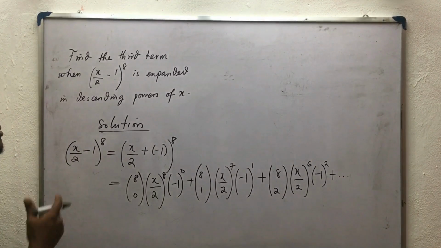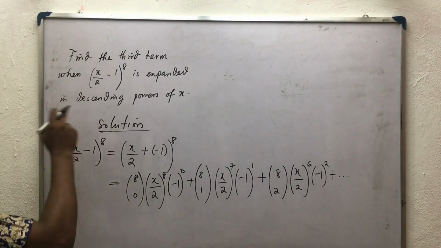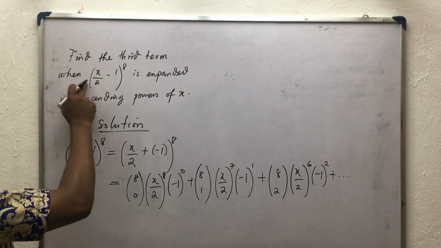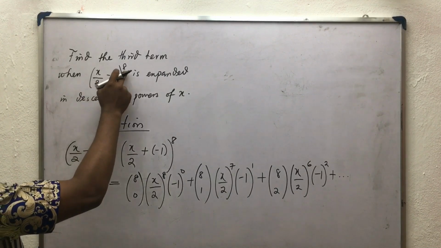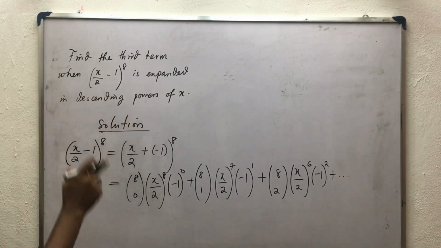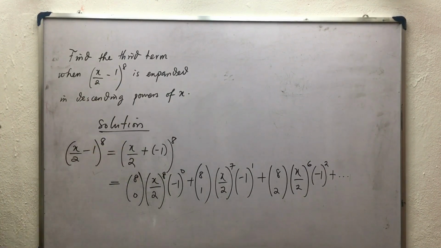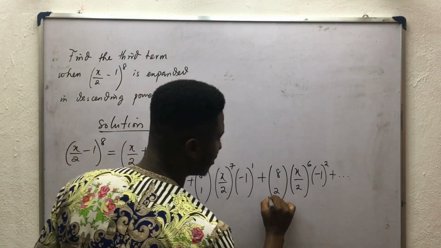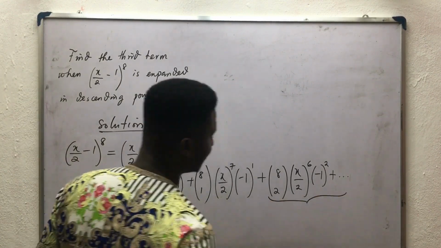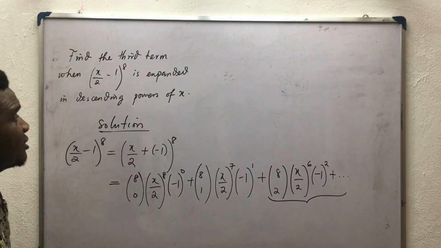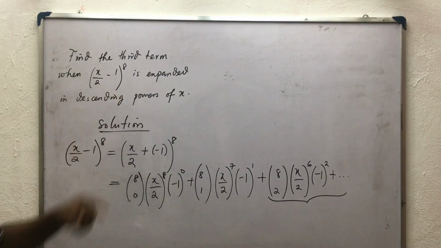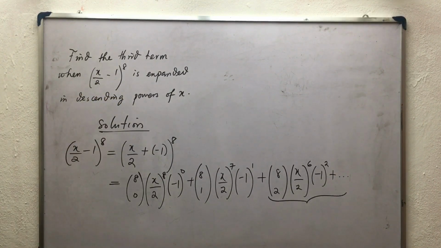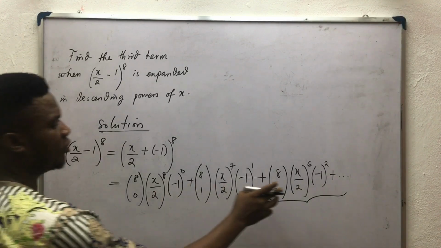Now, remember the question demands that we find the third term when (x/2 - 1) raised to the power of 8 is expanded in descending powers of x. So the third term will be this.